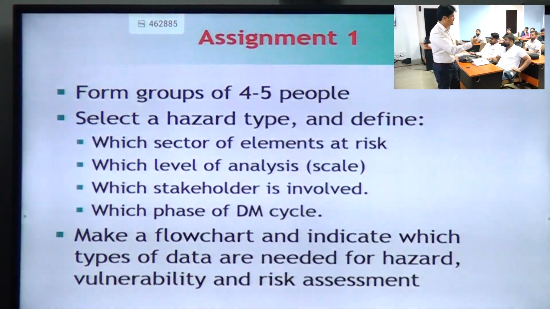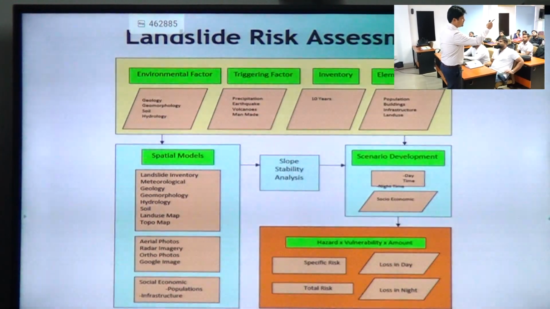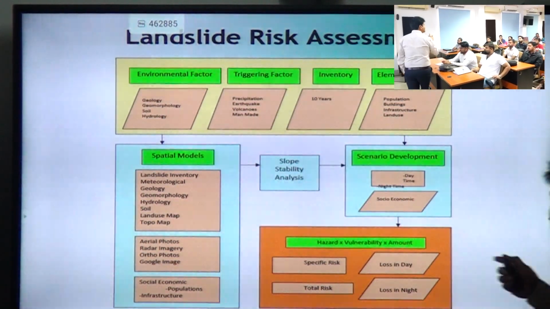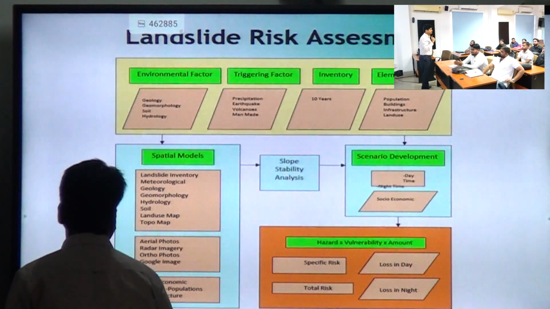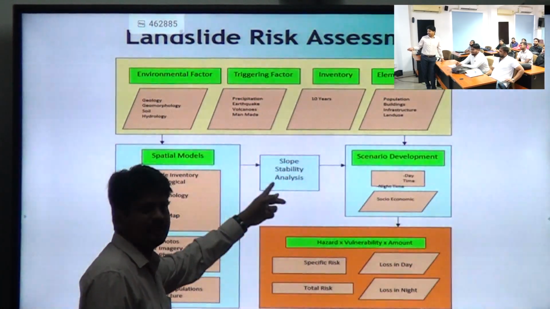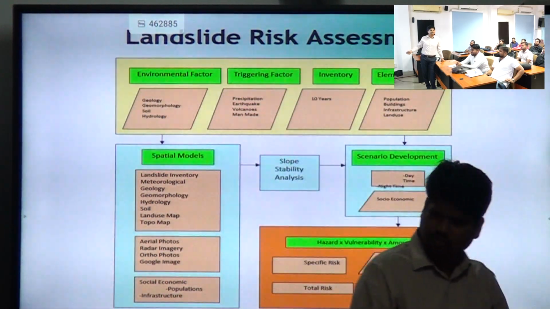I said preparedness, early warning, then also I said the risk assessment, vulnerability assessment, right? The entire thing. Mitigation. Which part of the disaster management cycle are you going to address? Very easy, with friends. Okay? Make a flow chart and indicate which types of data are needed for hazard, vulnerability, and risk assessment.